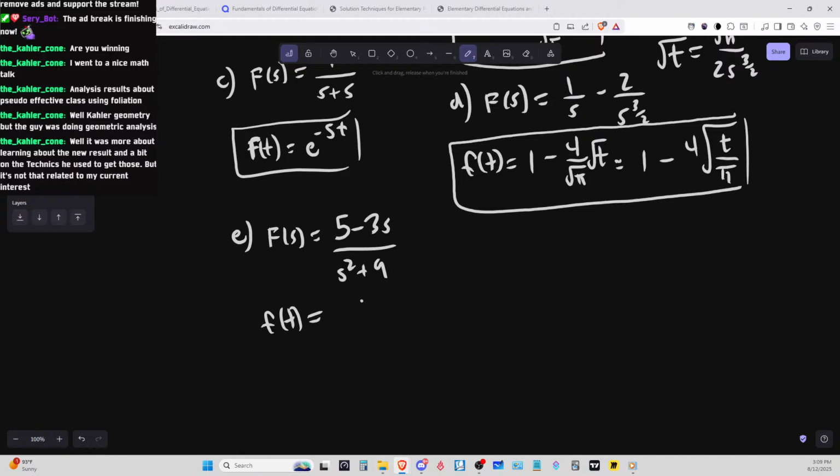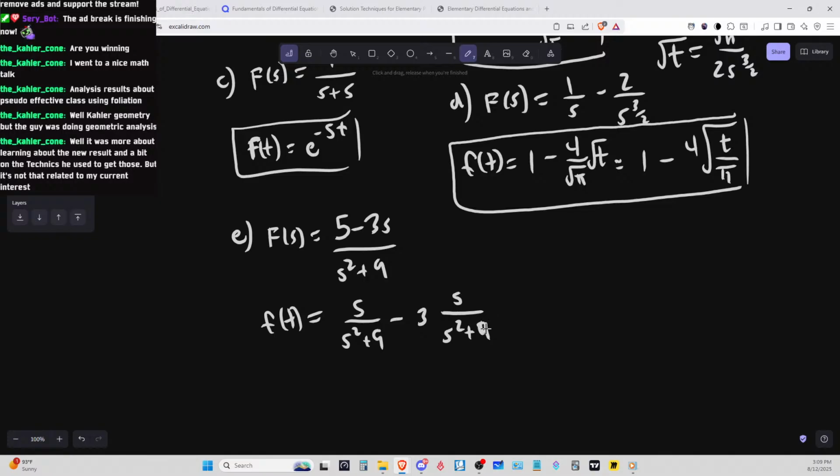If we separate this, I'm just going to move the 3 out here, just so that it's not in our way. S to the third, like that.